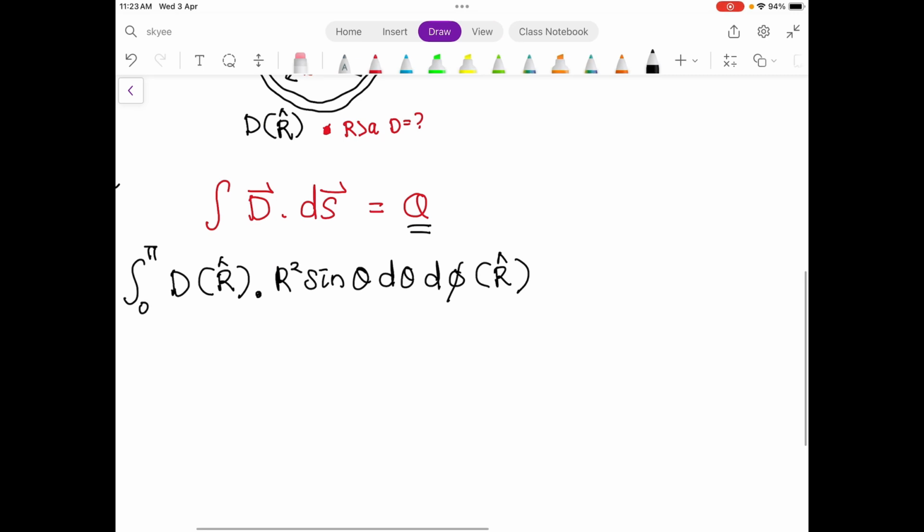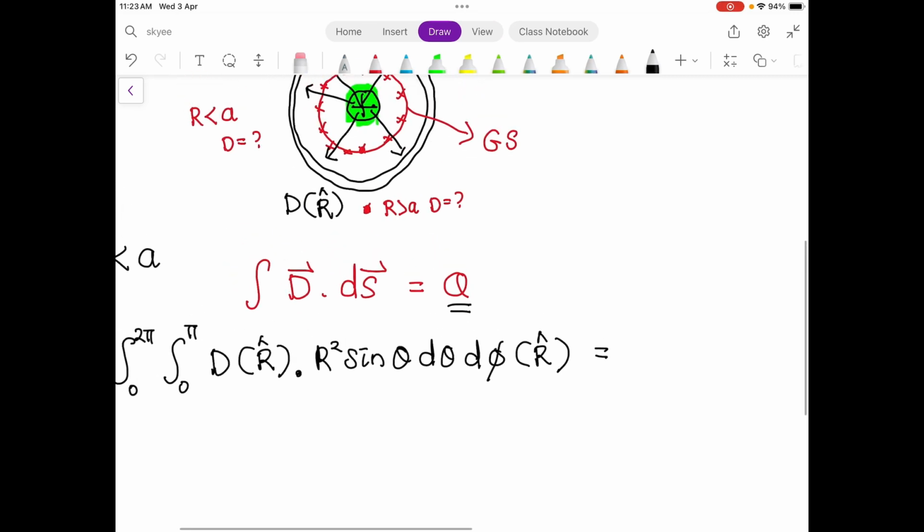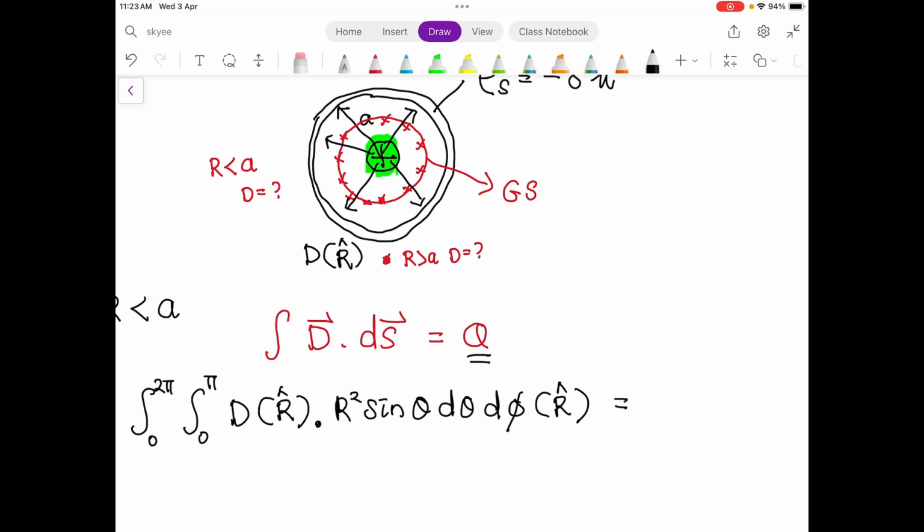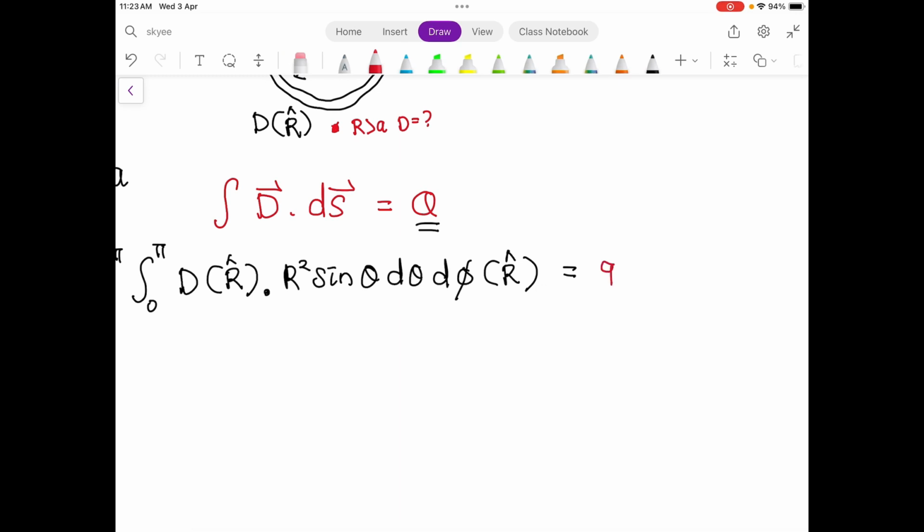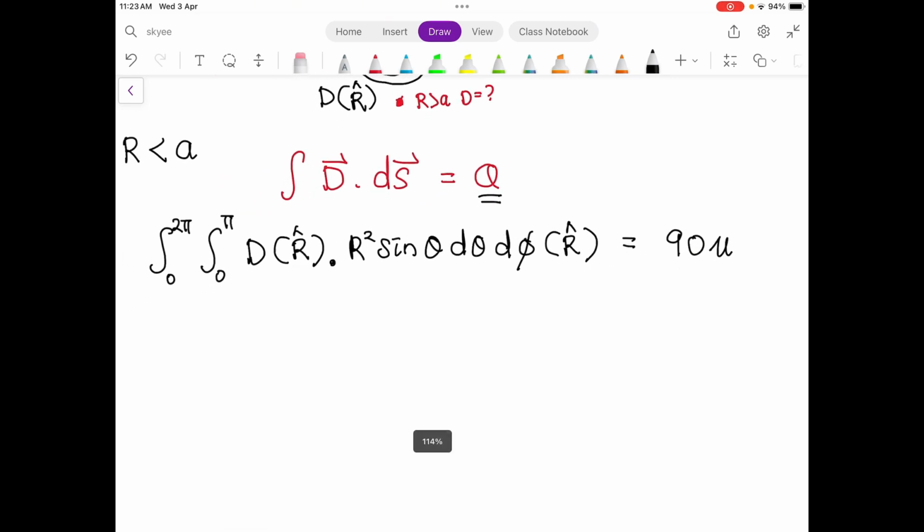On the other hand, we have the Q. What is the Q enclosed by the Gaussian surface? You can see very clearly that the Gaussian surface only encloses one charge, which is 90 microcoulombs. So we simplify and get D r squared 4 pi equals 90 micro.